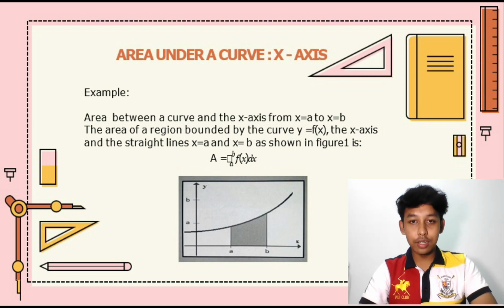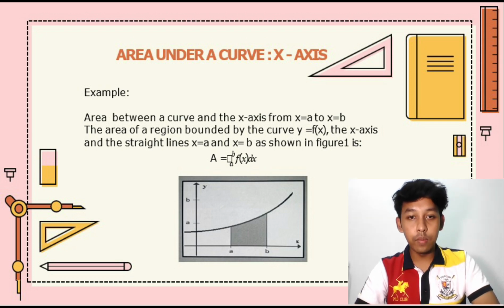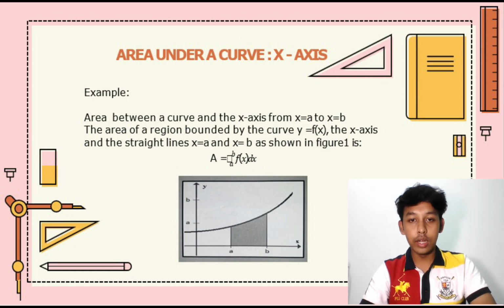Next, area under a curve and the x-axis. For example, the area between a curve and the x-axis from x equal a to x equal b.